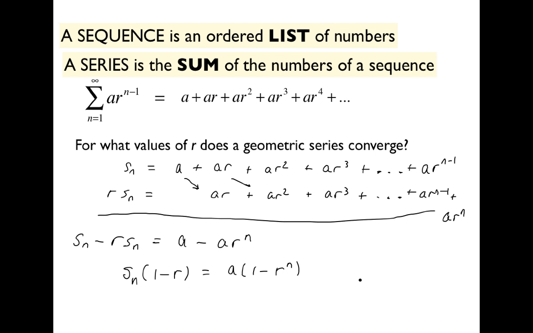I just wrote out the nth term of the sequence of partial sums, multiplied it by r, subtracted, and then factored out Sn on the left and a on the right. And so Sn is a times 1 minus r to the n over 1 minus r.